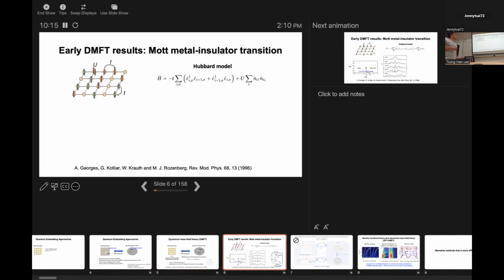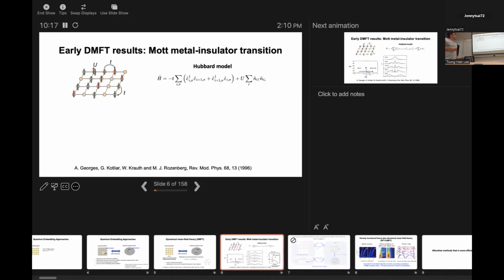So the early DMFT results are mainly focusing on this Hubbard model, which is one of the standard models to study strongly correlated physics. And we have this hopping term that describes the hopping of the electron from site i to another site i plus 1, nearest neighbor. And there's another Coulomb interaction term that describes the on-site Coulomb interaction.